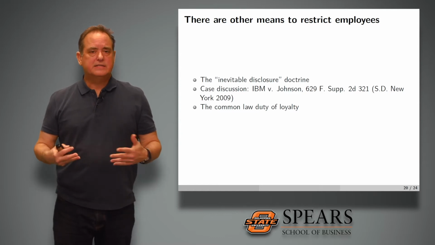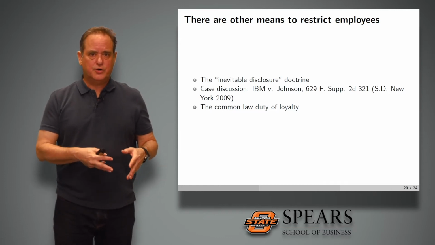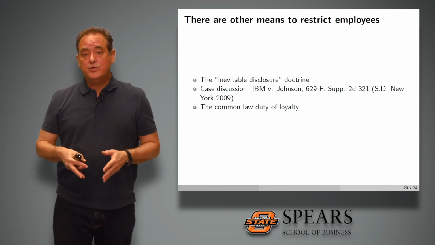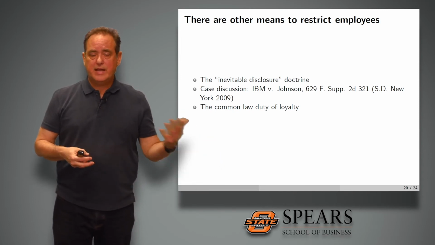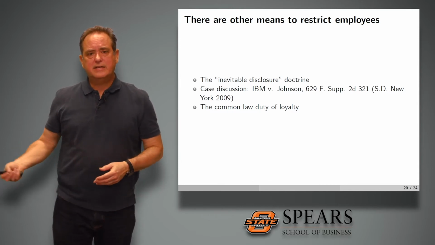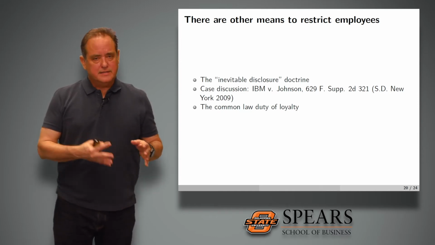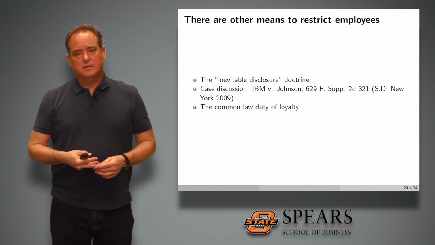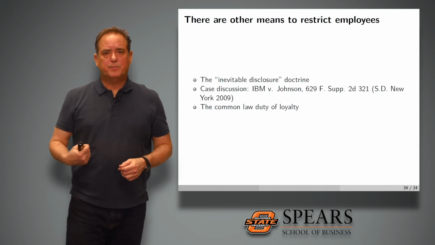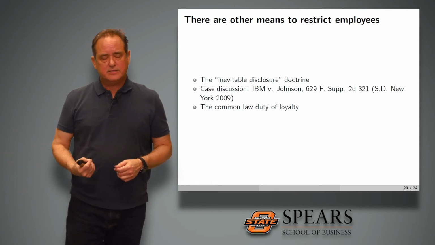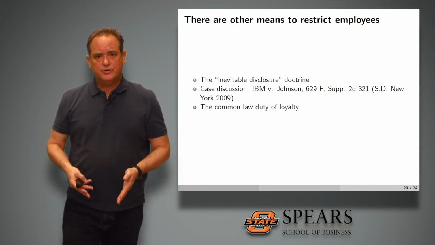How that works is that you as an employee cannot take any action that is detrimental to your employer, meaning that you cannot start planning your new job while working at your old job. You can't create your business plan and go out and seek financing and do all of these steps that you would take to start a new company until you leave your previous company. And of course, if you take any confidential information from your previous company and try to use it in the next job, you may see a claim for violation of the duty of loyalty.